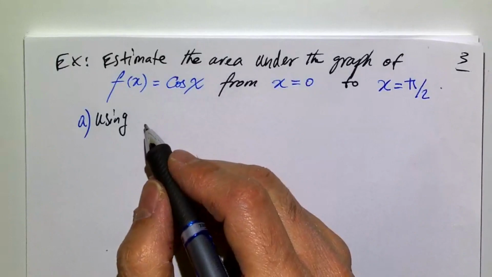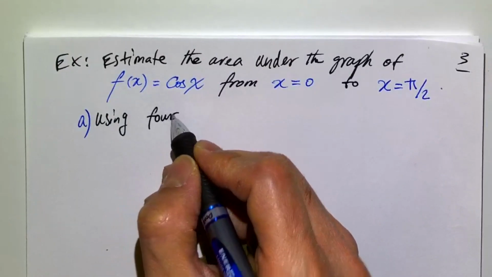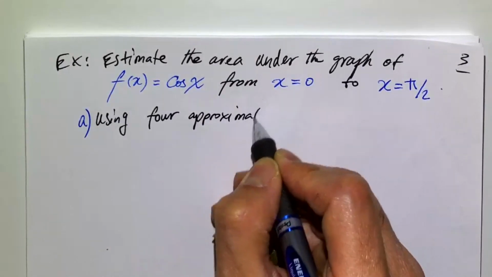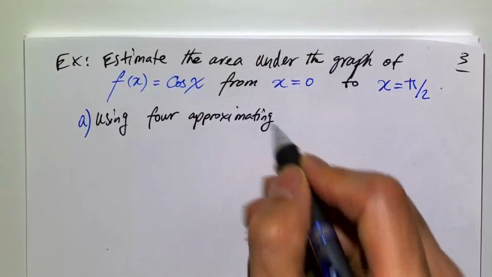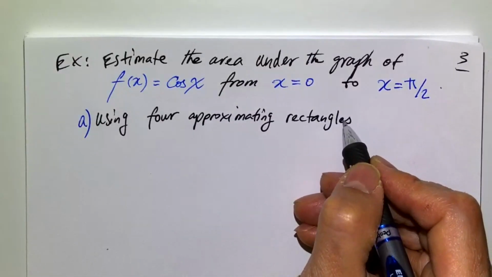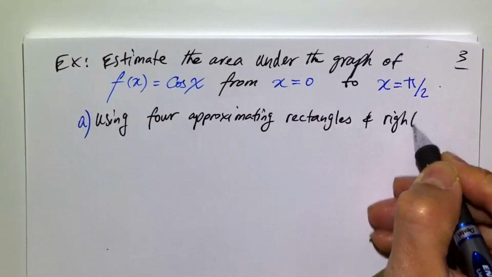Okay, so using four approximating rectangles and right endpoints.